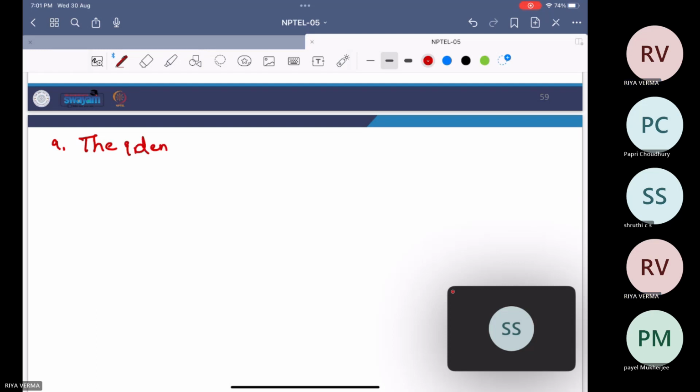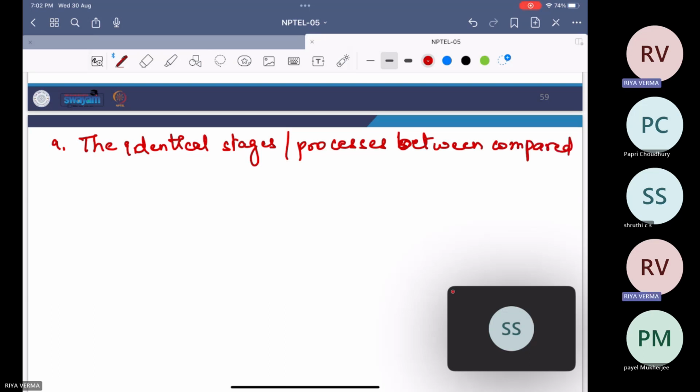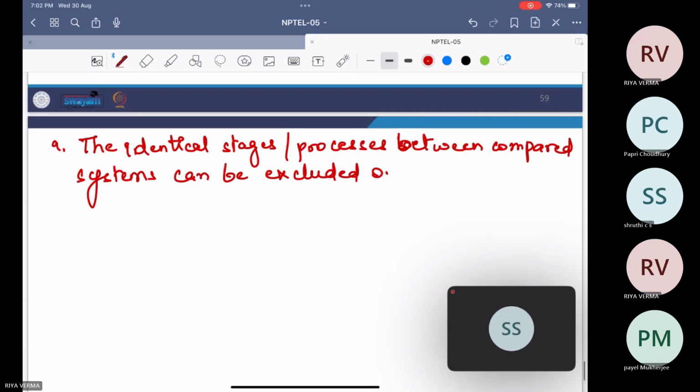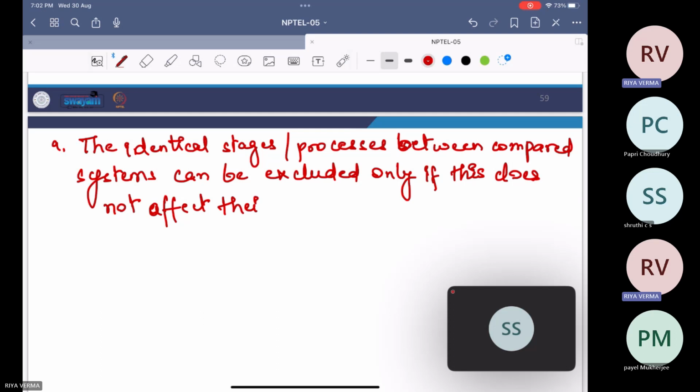The identical stages or the processes between compared systems can be excluded only if this does not affect their functional equivalence.